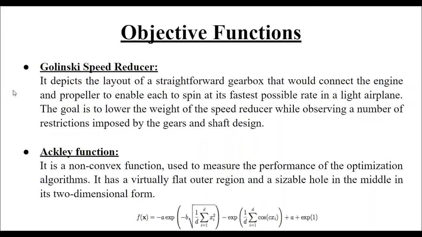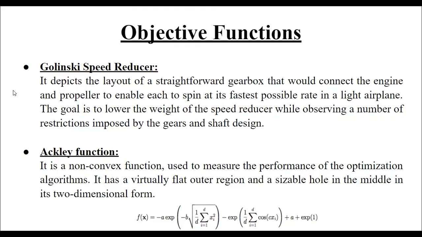If I go through Golinski speed reducer, this problem represents the design of a simple gearbox, such as might be used in a light airplane between the engine and a propeller, which allows it to rotate at its most efficient speed. In this problem, the objective is to minimize the speed reducer weight while satisfying a number of constraints. And the number of constraints is 11, which are imposed by the gear and shaft design practices.